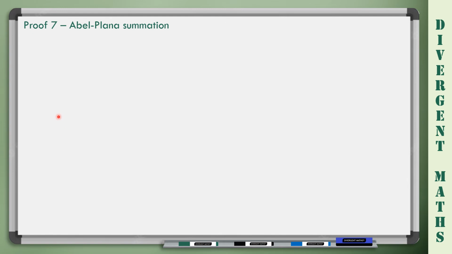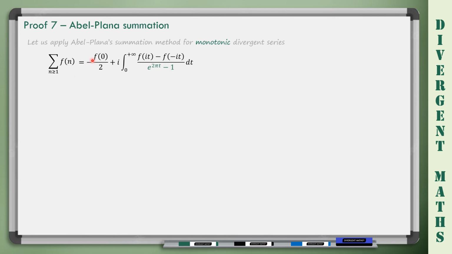Last proof, Abel-Plana summation. So let us apply Abel-Plana's summation method for monotonic divergent series. So the sum from n equal 1 to infinity of f of n is equal to, like Ramanujan, negative 1/2 of f evaluated at 0 plus i, the square root of negative 1, times the integral from 0 to plus infinity of the function evaluated at it minus the same function evaluated at negative it, over e to the 2 pi t minus 1.